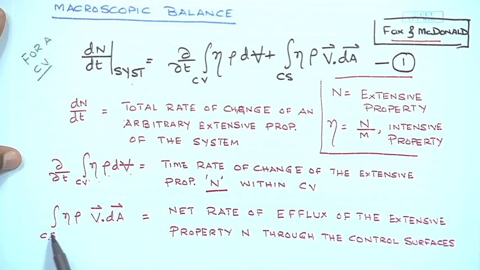When I integrate rho V dot dA over all possible control surfaces, what I get is the net mass coming in. Through some surfaces the mass may be entering, through some surfaces mass may be going out. So when you integrate rho times V dot dA over all control surfaces that define the control volume, what you get is the total amount of mass coming into the control volume.